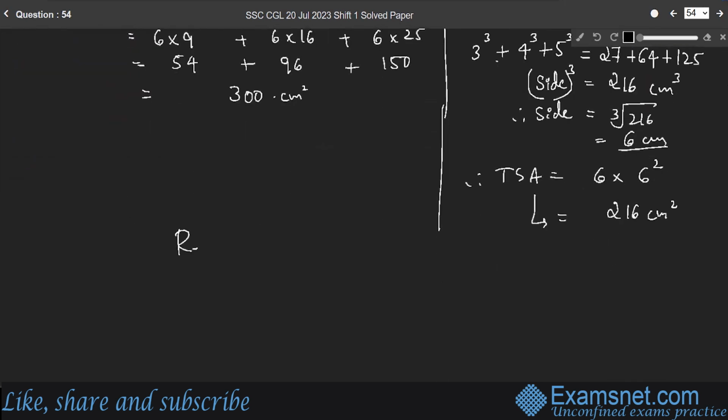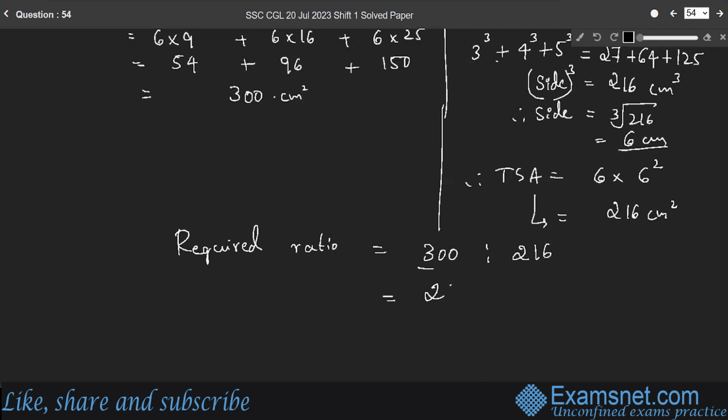Therefore, the required ratio is: TSA of the smaller cubes is 300 centimeter square, and the larger cube TSA is 216. So let us check the divisibility of 300 and 216. So you will get 1, then, so check with 12 into 2.